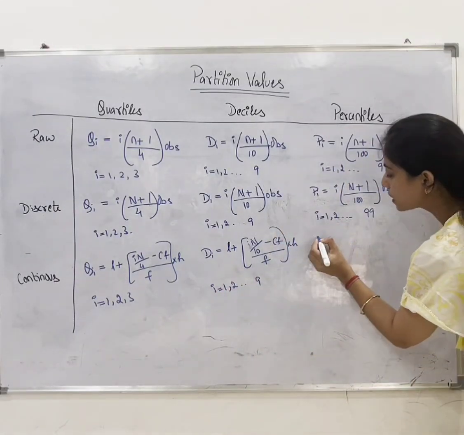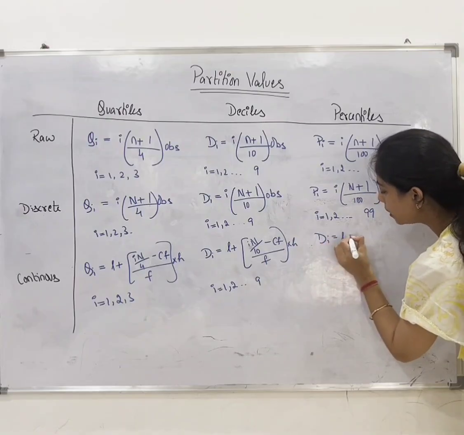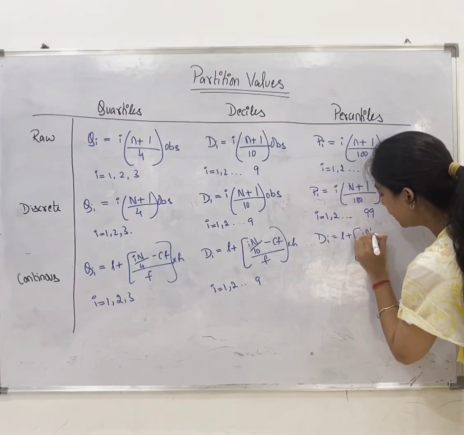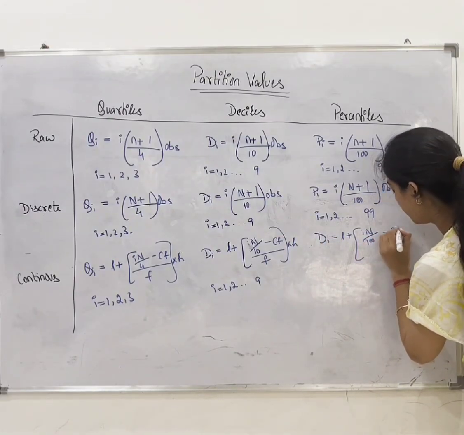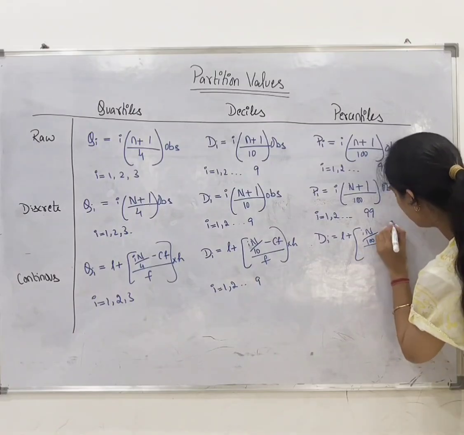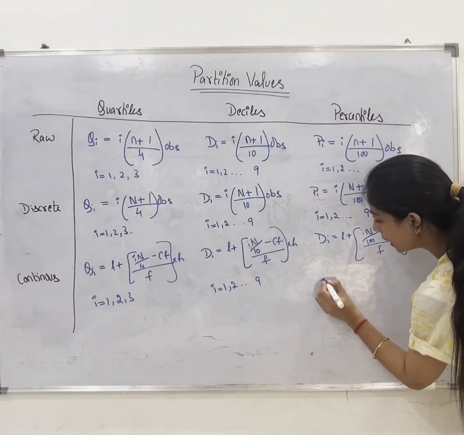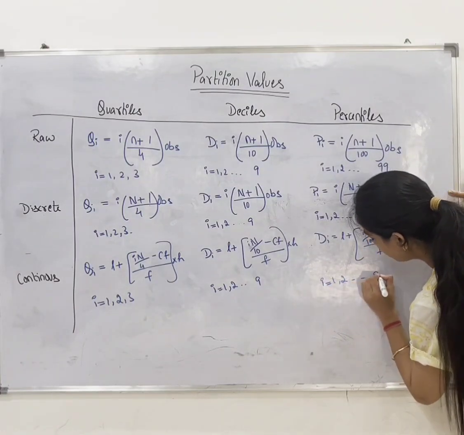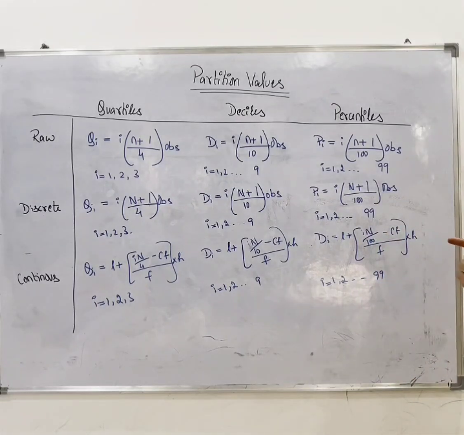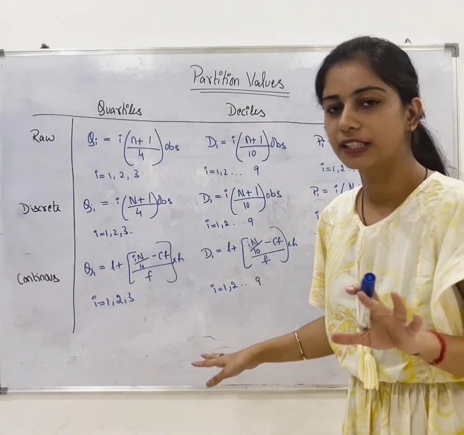And the last one is percentiles, which is L plus (iN/100 minus CF) by f into h, and i can take the values from 1 to 99.